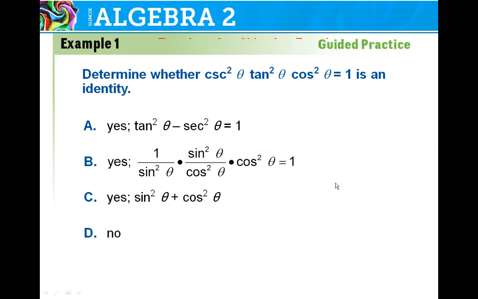Okay. Which of the following is right? A, B, C, or D? I'm going to Nasser and then Motaz. Okay, Nasser.